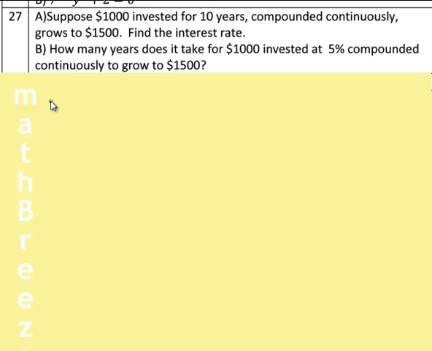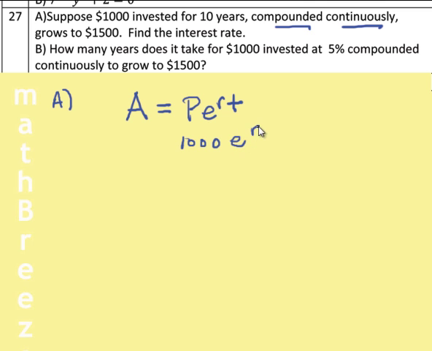Okay, 7A. It says, suppose $1,000 is invested for 10 years, compounded continuously, and grows to 1,500. Find the interest rate. So let's write down our continuously compounded formula. Okay, so we're starting with 1,000, 10 years, and it grows to 1,500.